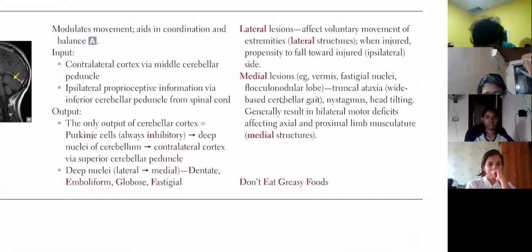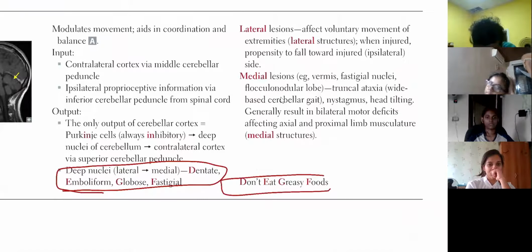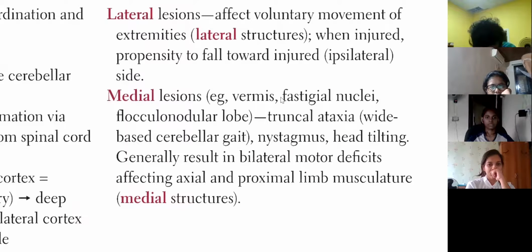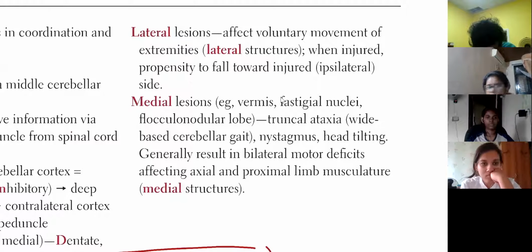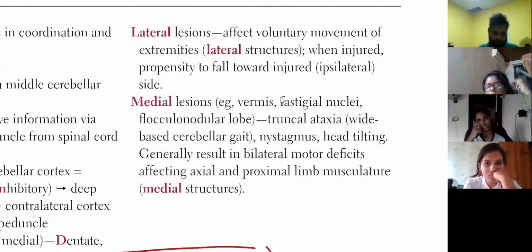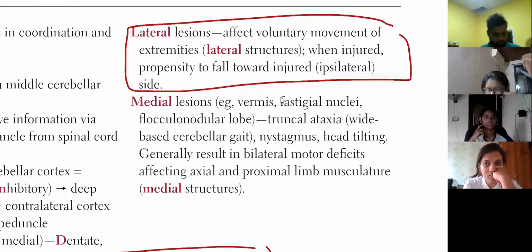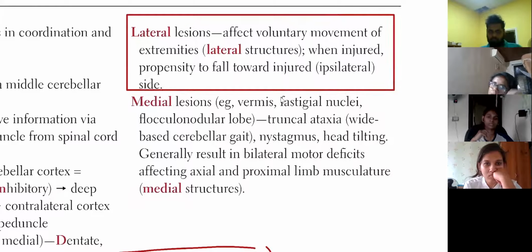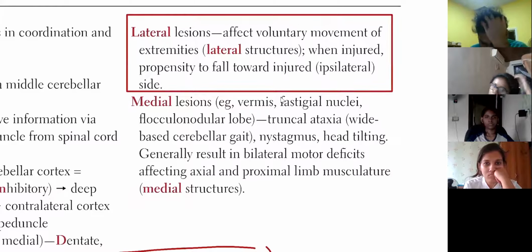Then the output and the nuclei. So in cases, this is what you get. Lateral lesions affect voluntary movements of the extremities. What does this mean?